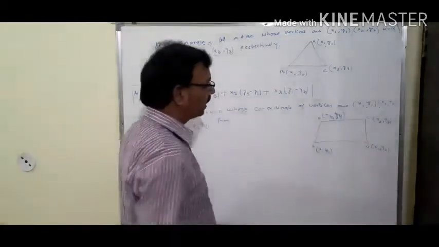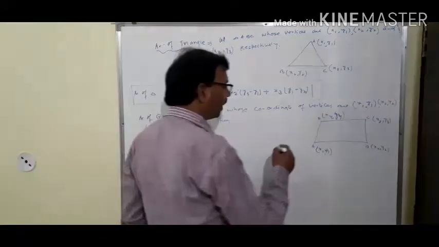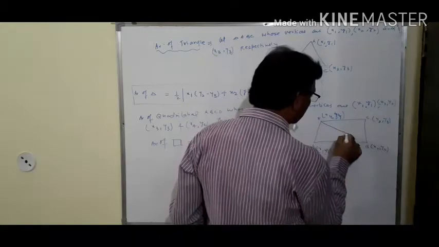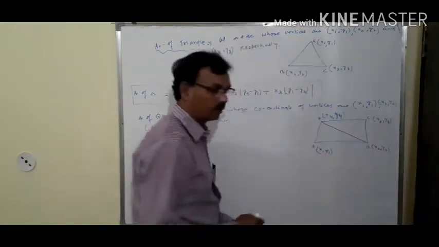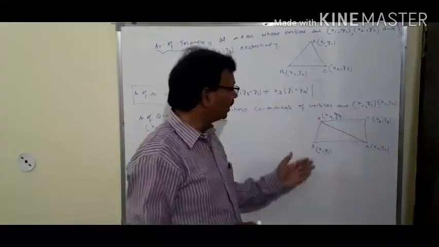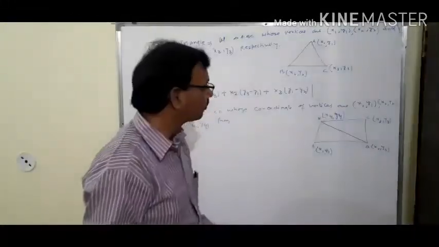If you want to find the area of this quadrilateral, then first you should divide it into two parts, means join any one diagonal. You can join BD here, you can join AC also, there is no issue.